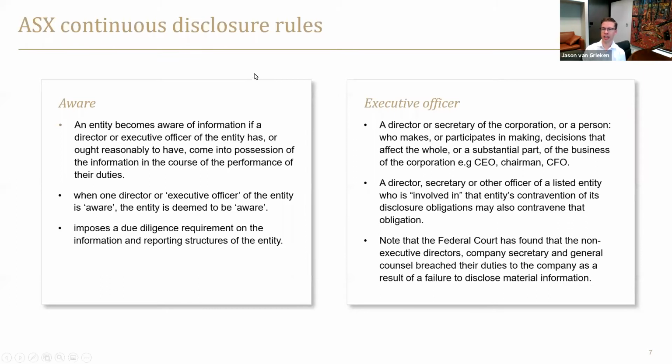Where it's a more complicated fact scenario, take earnings, for example, you may need to pull together information from different segments and business units. They may be in Australia and overseas. It can become a lot more difficult to analyse when, in part or in the aggregate, those pieces of information actually become material, and therefore when you've got that immediate disclosure obligation.